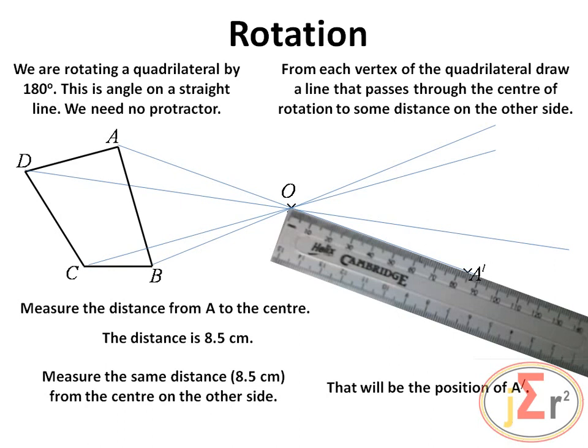So use our straight line, measure from A to O, then from O to A, and that should be the image of A under a rotation of 180 degrees.